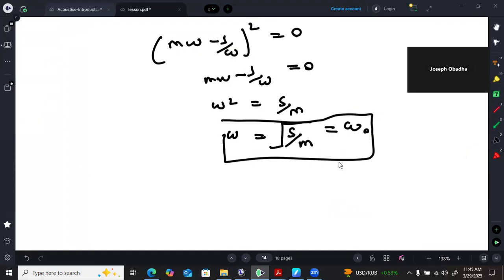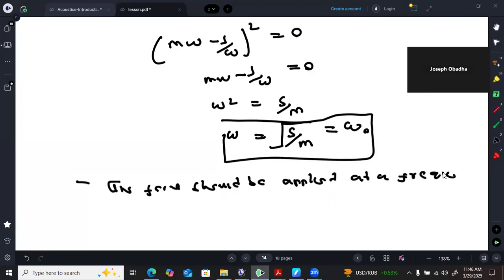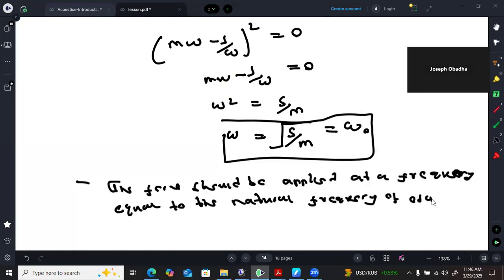So the conclusion we have here is that for the maximum power to occur, the force should be applied at a frequency equal to the natural frequency of oscillation of the system.